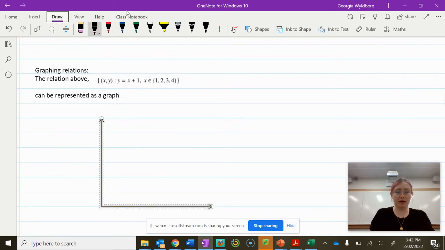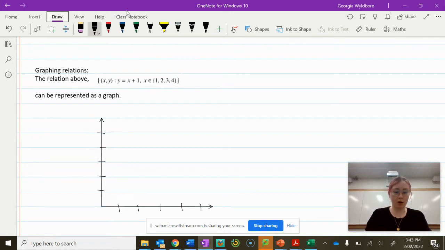Let's say we've got 1, 2, 3, 4, 5, and 1, 2, 3, 4, 5. We're going to plot those points that we just decided were in this relation onto this graph, because they're going to form discrete points, okay? Because we just listed a set of coordinates.